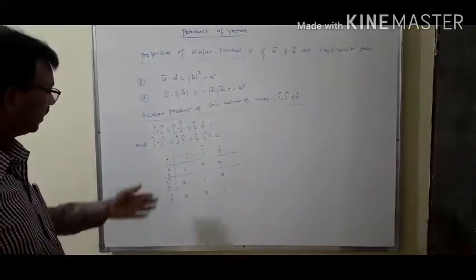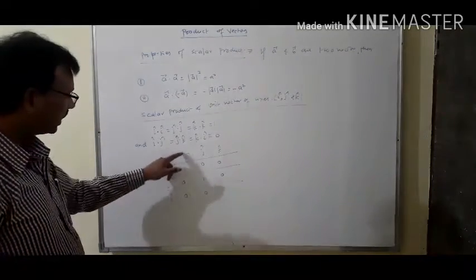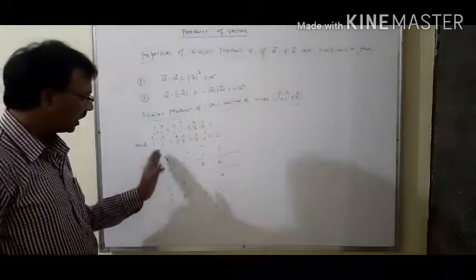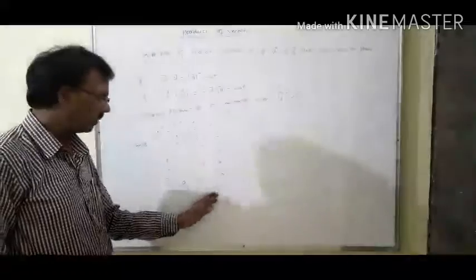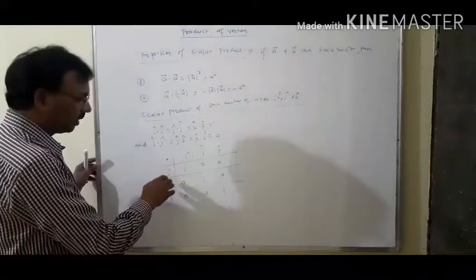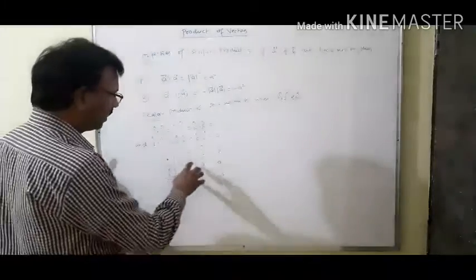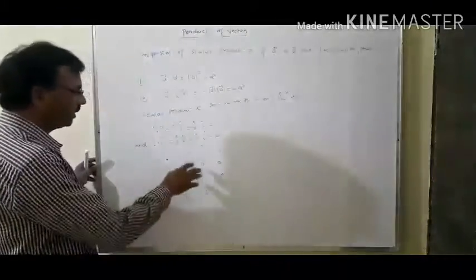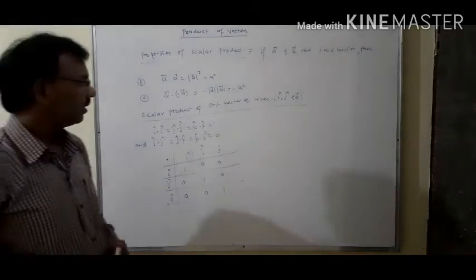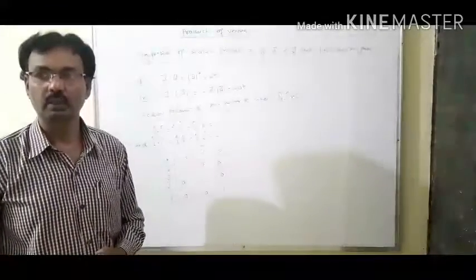Now you can see the scalar product of same unit vectors is always 1, denoted on the diagonal elements, and the remaining elements will be 0, which is the product of different unit vectors. Now in the next video we will discuss projection.